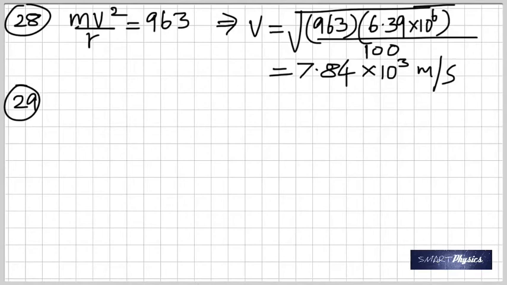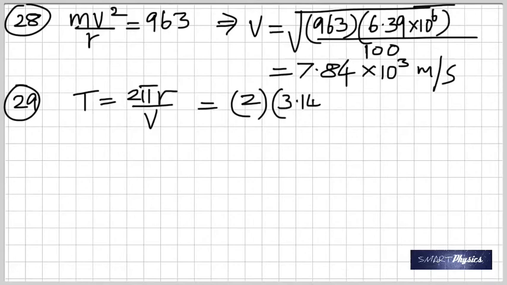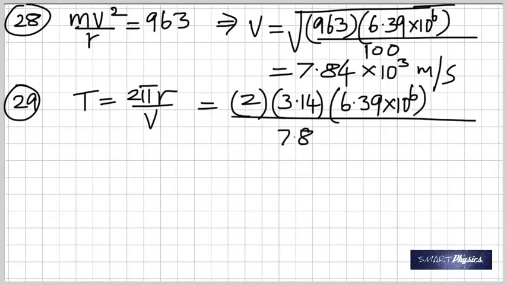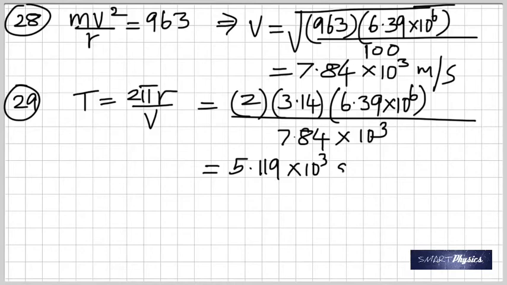29. Time period is 2 pi r by the velocity. 2 pi times the radius, which is that, divided by the velocity that we got just now. But see, when you put a time in seconds, you have no idea of how much that is.